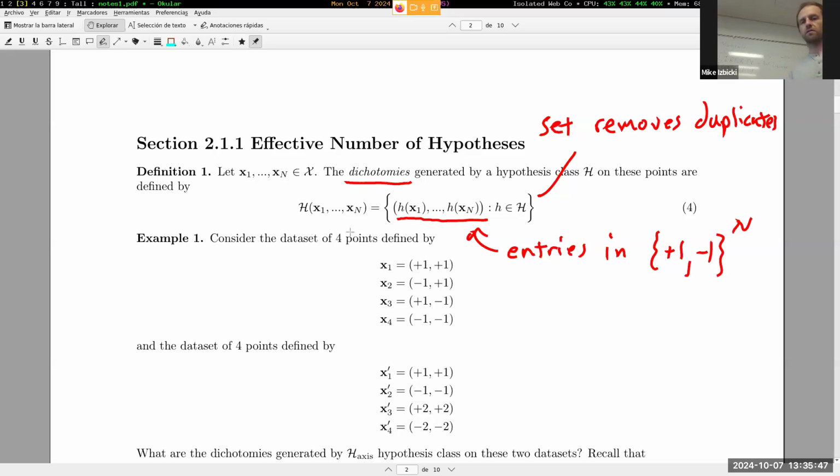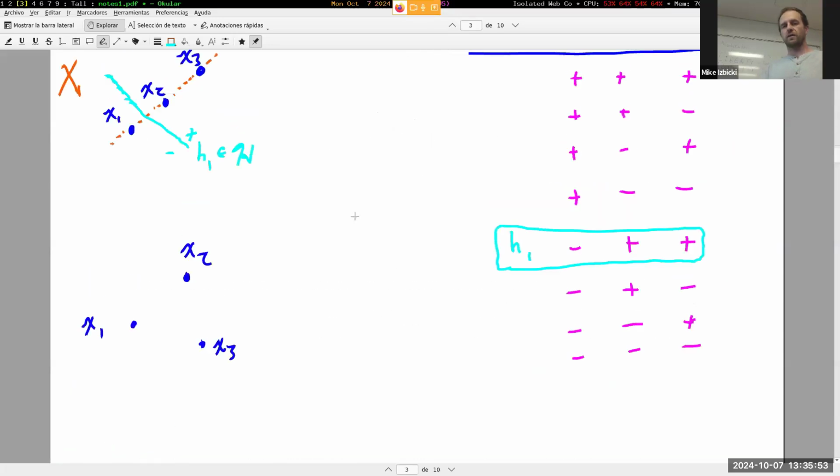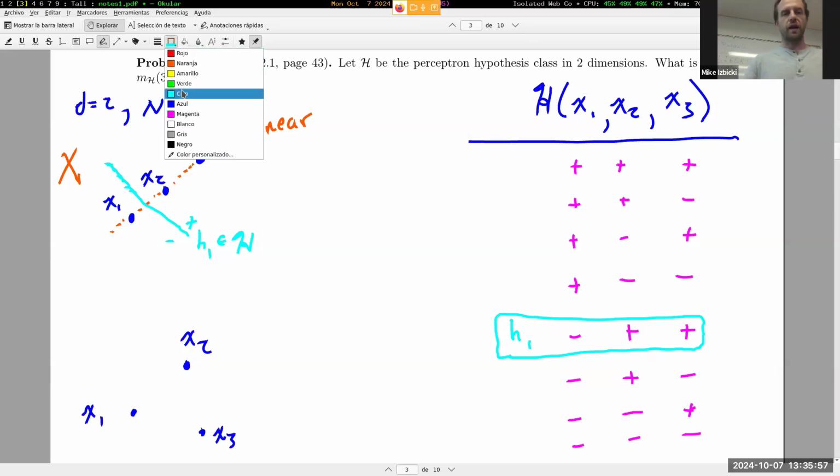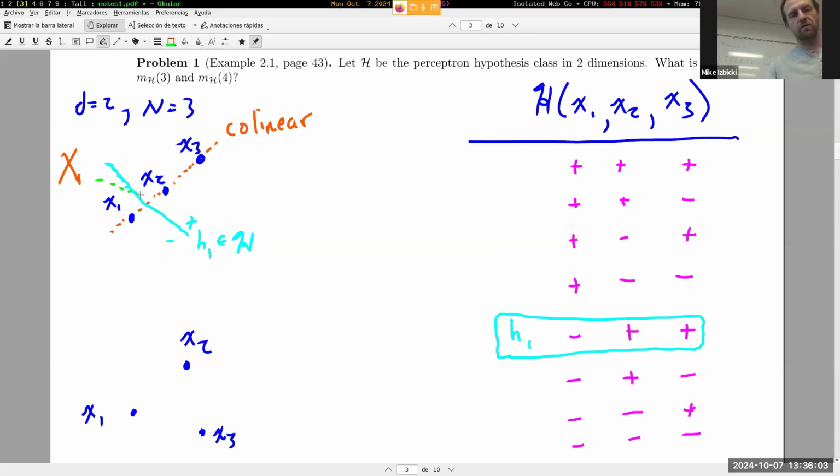The question is, are hypotheses that produce the same dichotomies removed as duplicates? The answer is that, let's say here we have H1 contained in H, this line right here.